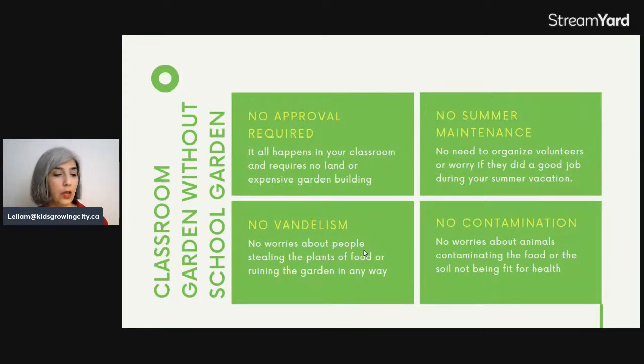You wouldn't need to worry about vandalism. You wouldn't need to worry about contamination of any sort. Is the soil that we're growing in clean or not? Are animals coming and contaminating it or not? None of that, right? Which makes it a whole lot easier for you to actually focus on the teaching and the learning and your students and the experience, instead of worrying and running around for approvals and things like that.